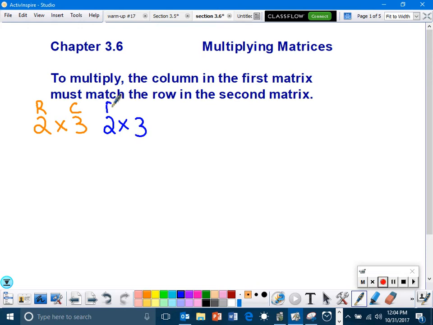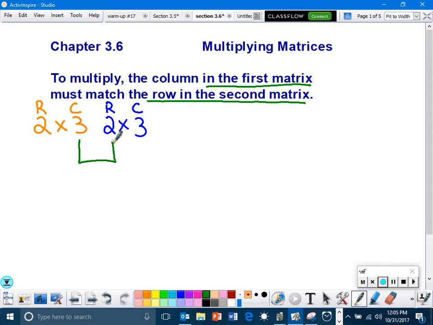Again, this is the row, this is the column. Now, can I multiply them together? Well, let's read what it says. The column in the first matrix must match the row in the second matrix, okay?